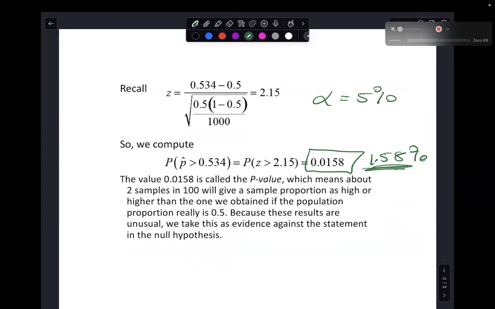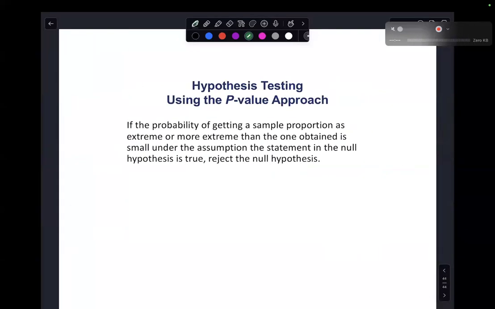That's what we do with p-values. A p-value is just a probability. It's the probability of getting a sample like that. So those are the two ways that we do it. We compare z-scores or we compare the probability with the alpha we're given, because the alpha is our acceptable probability.